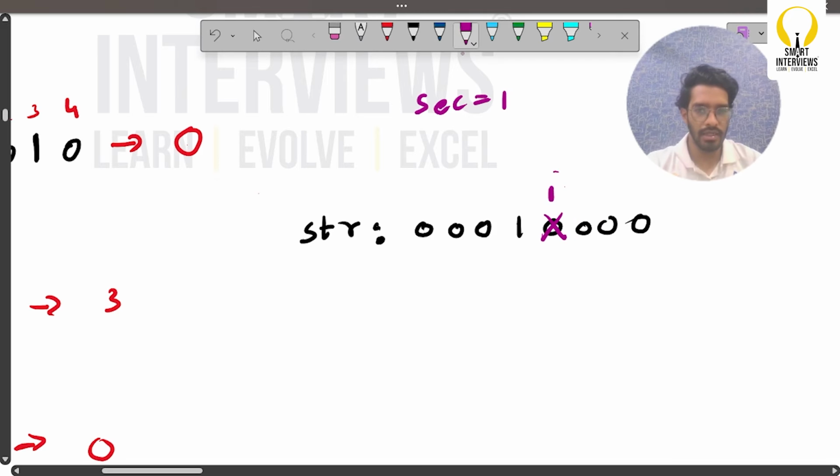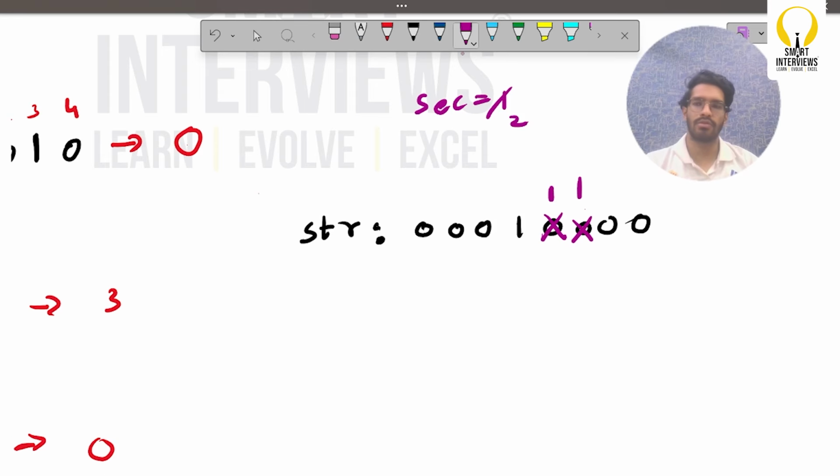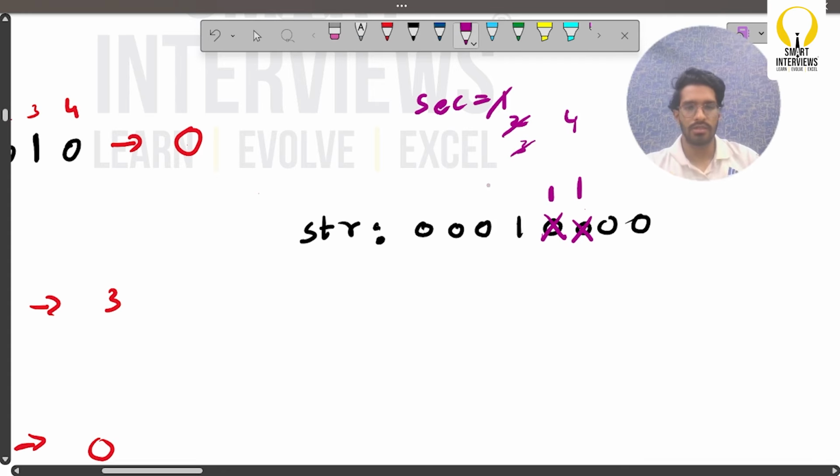So definitely this wolf will eat up this bird. Again the same operation repeats. The bird gets eaten up, and the wolf at the xth index moves to the x plus 1th index, which is this. If I repeat this process for 2 more seconds, at second 3 and second 4, how do you think the string would look?